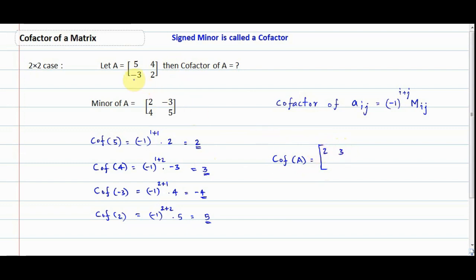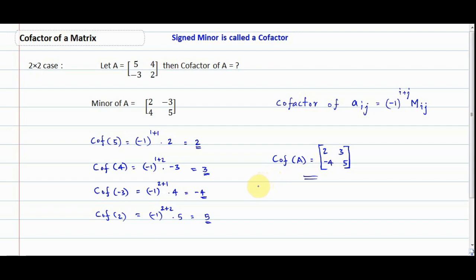The cofactor corresponding to minus 3 is minus 4. And the cofactor corresponding to 2 is plus 5. So 5 comes here. So this is the cofactor matrix corresponding to matrix A. So this way we may calculate the cofactor corresponding to a matrix.